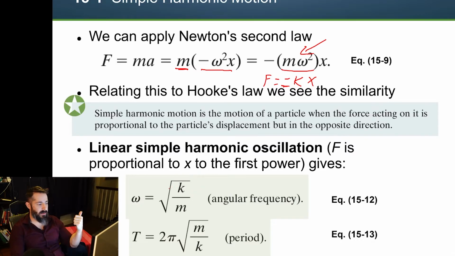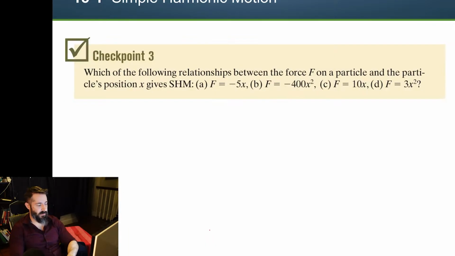So by equating this to Hooke's law, you can get that angular frequency is equal to these pieces of the puzzle. Again, it's more information, so if you have this equation and you're missing different pieces when you're doing a physics problem, you can always refer to this equation, and hopefully it helps you solve things. Same thing with the period, 2 pi, and now we have the inverse of this. You have m over k.